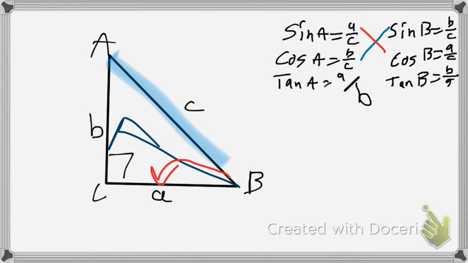And that makes sense, because if we focus on A, then opposite of A is going to be side A, and adjacent to A is going to be side B. But if we switch our focus and we're looking at this triangle from B's perspective, then opposite is now going to be B, and A is now going to be adjacent.